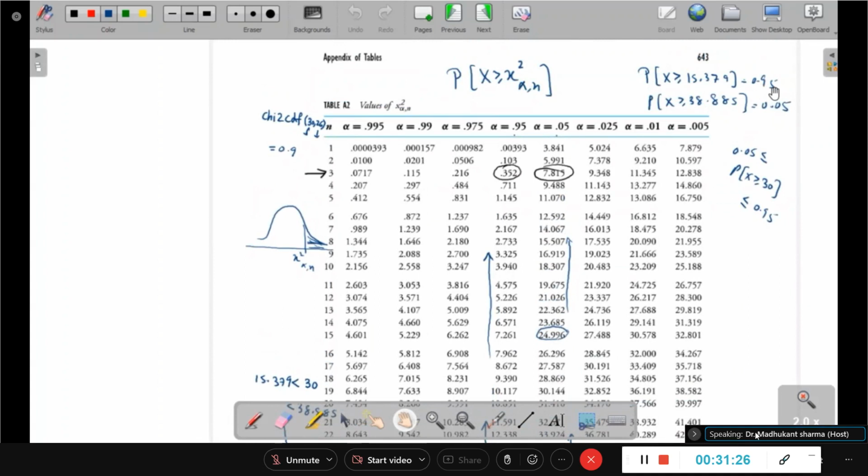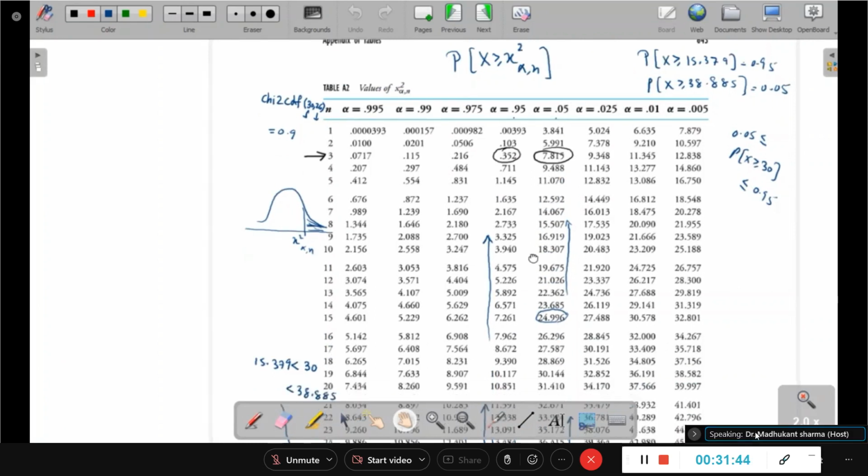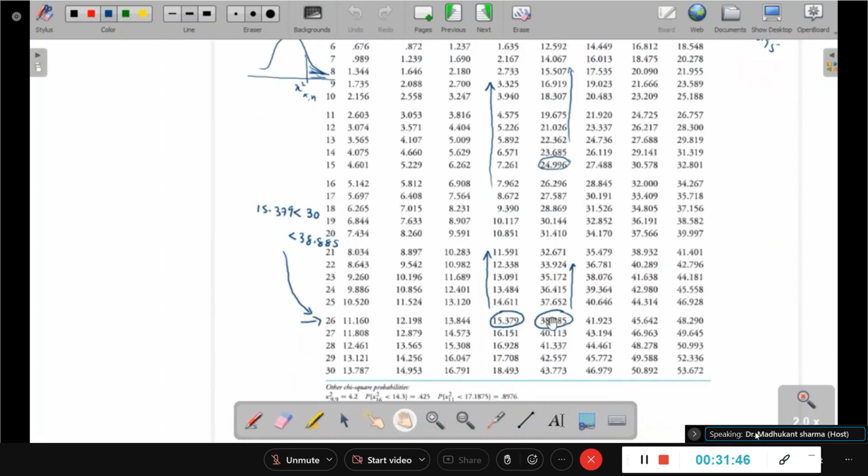Certainly probability of x greater than or equal to 30 will lie between 0.05 and 0.95. These are the values you can tell from here. Also, you can choose the approximate one, because 38 lies very near to 30 than 15.